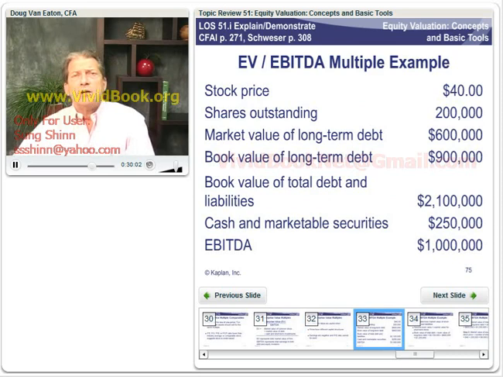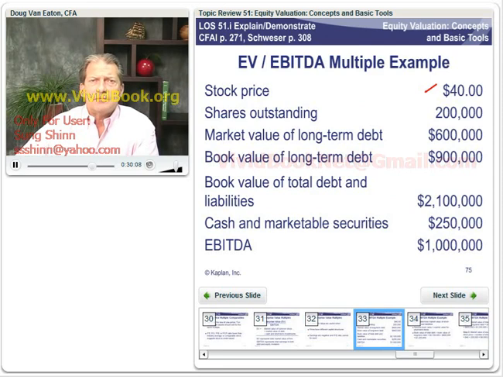Let's take a look at an example of a calculation. We've got a stock price of 40, 200,000 shares outstanding. We've got long-term debt outstanding with a market value of 600,000 and book value of 900,000.